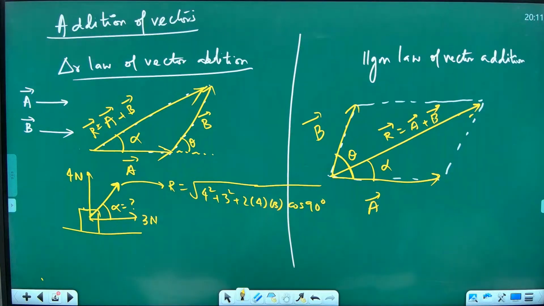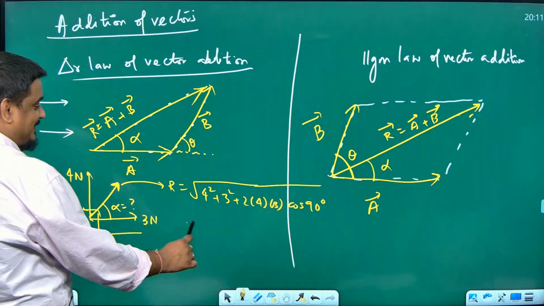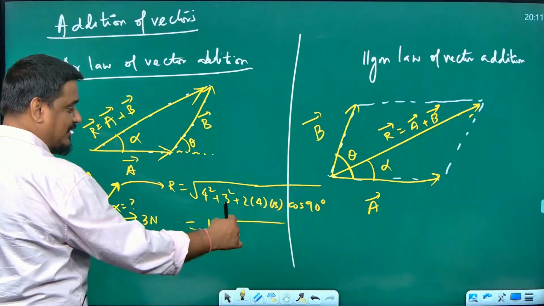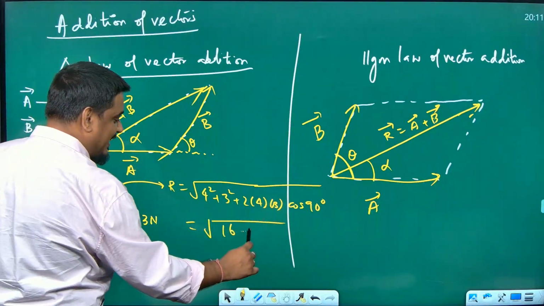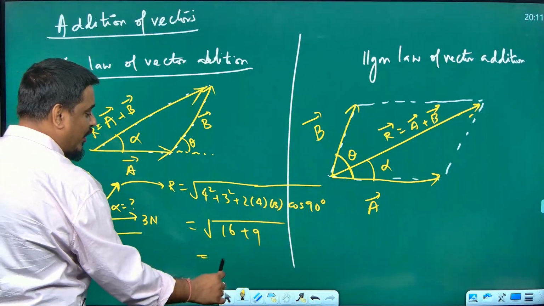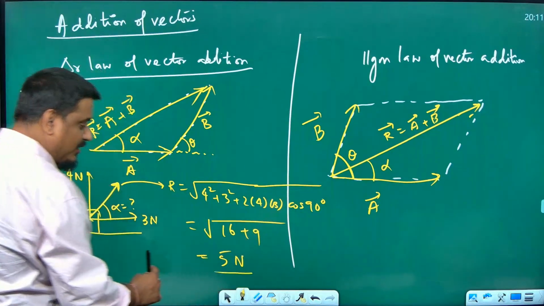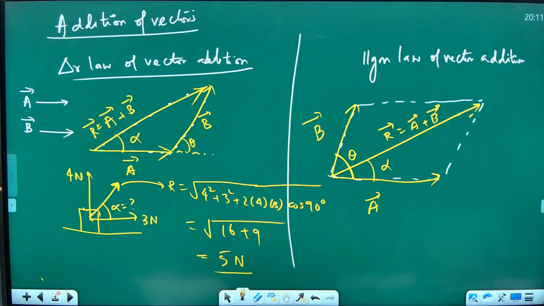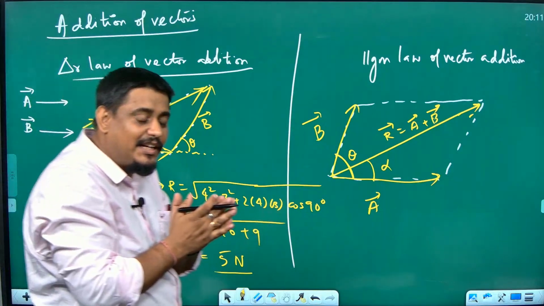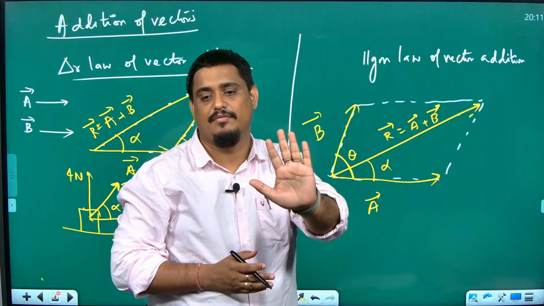What is cos 90? 0. So this term will become 0. 16 plus 9, what is that? 25. Root 25 is how much? 5. So if there is 3 Newton force acting in x direction and 4 acting in y direction, net force will not be 7. Net force will only be 5.